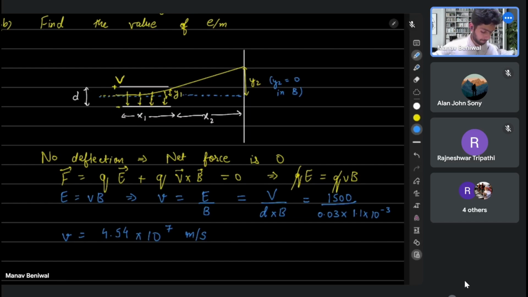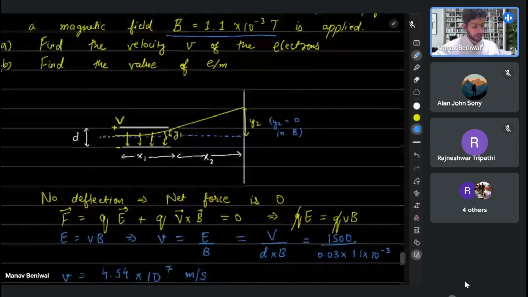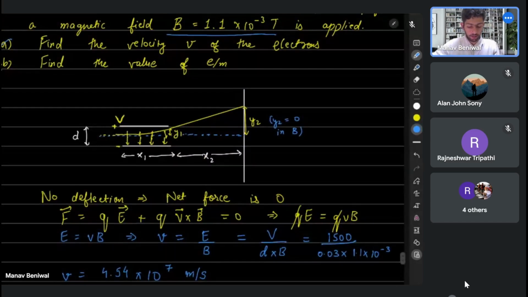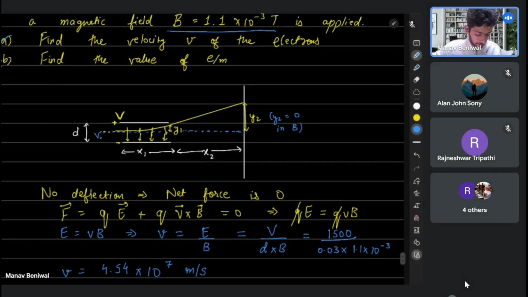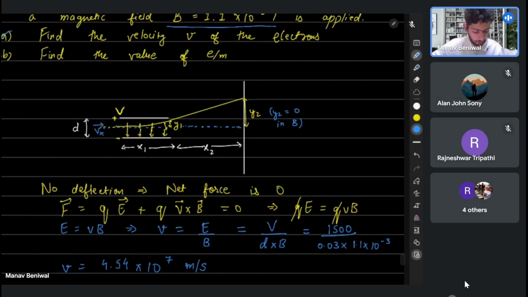So we have solved the first part, which asked us to find the velocity v of the electrons, right? Now we can say that we know our Vx. Vx is the velocity with which the electrons are entering this capacitor, correct?